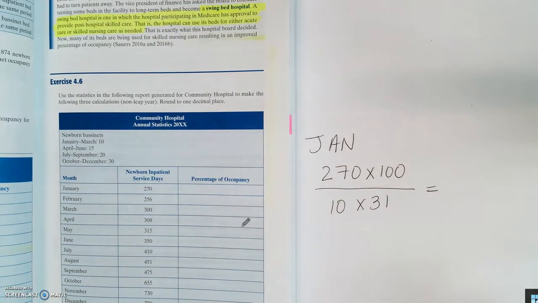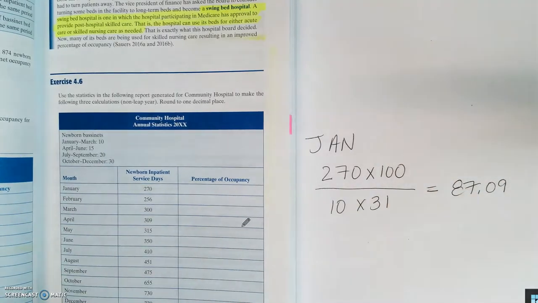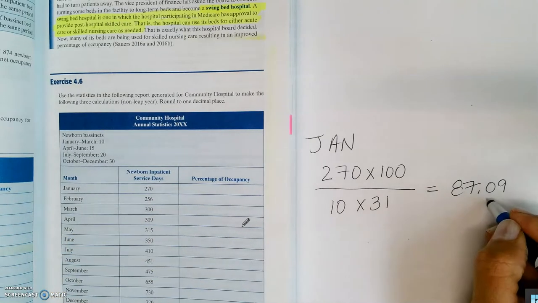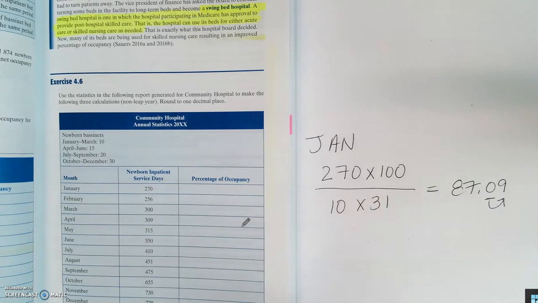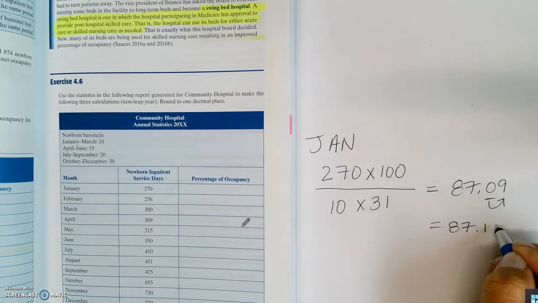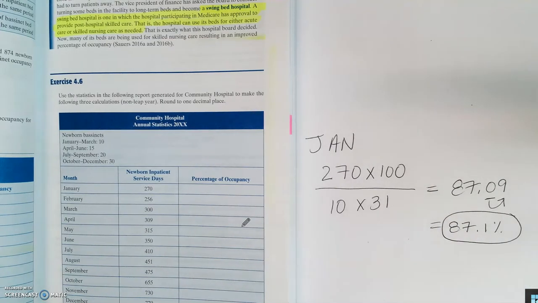And once you do all the calculations, you'll see 87.09. Hopefully on your calculator, your instructions say to round to one decimal place. So we're going to look to our next door neighbor, and our final answer is going to be 87.1%. Remember, we're not forgetting the percent signs on these.